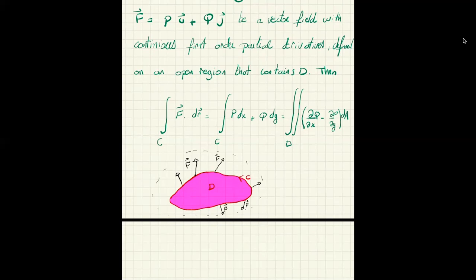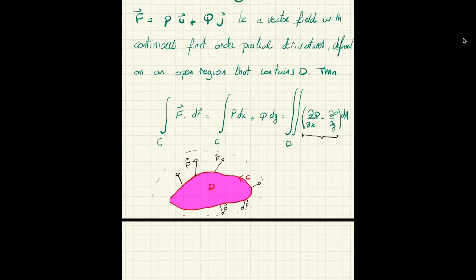Okay. So what it means is if you want to compute the line integral over the boundary of this region D, there is actually another way to do it, which is take this two variable function and just do what we were doing in the beginning, which means compute the double integral over this region D of this function of two variables, dA.